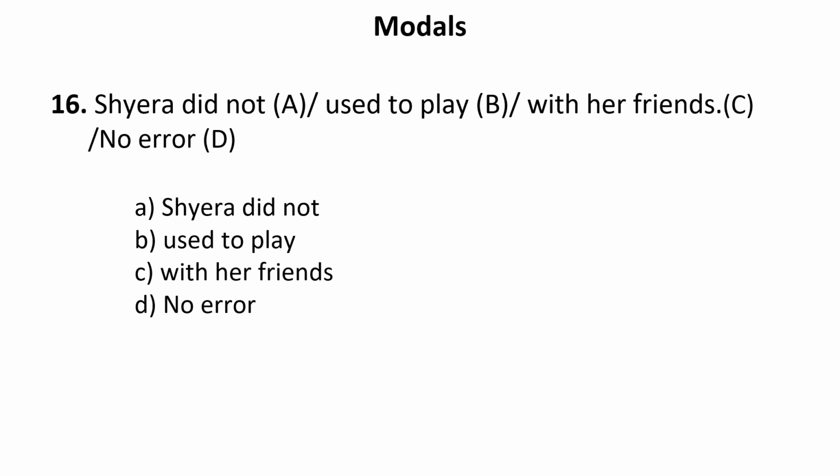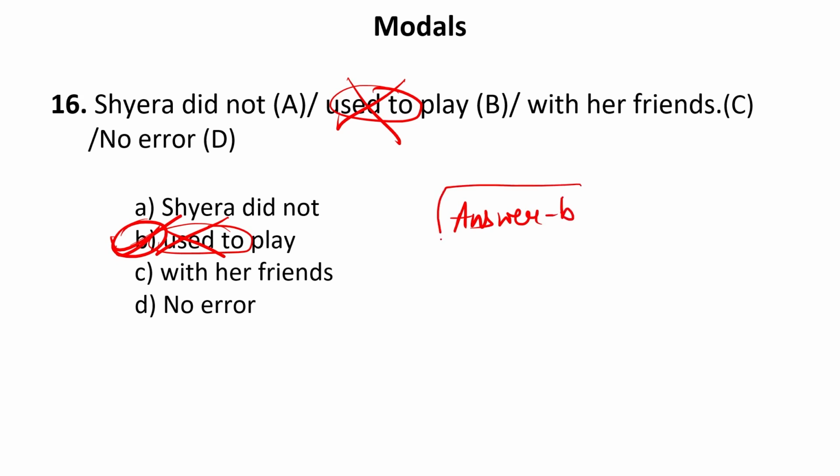Either this sentence is correct or Shaira did not play with her friends. This sentence is correct. Now, if the sentence has to be negative, we should not write used to over here. So the word used to is incorrect. So our answer is B, because this B part contains the error. The correct sentence can be, Shaira did not play with her friends.